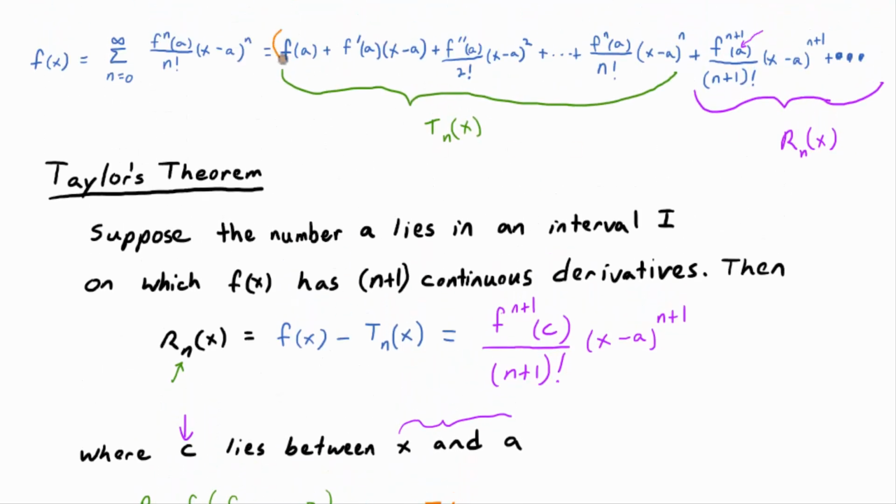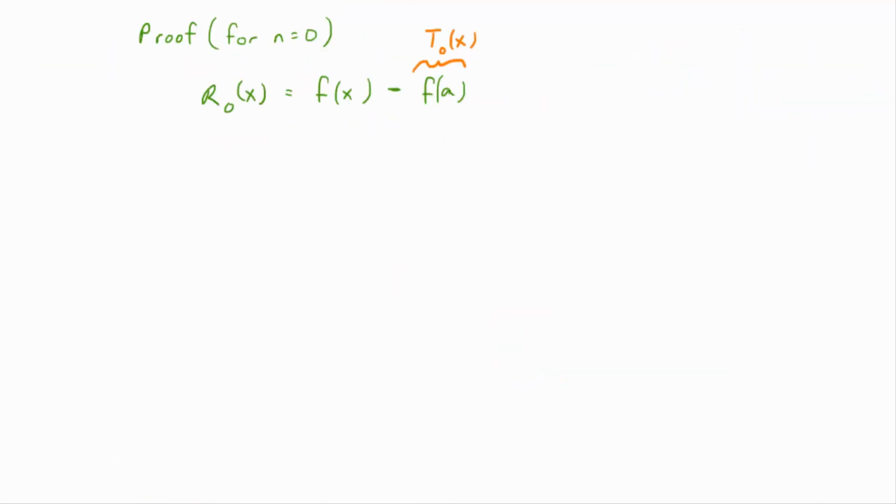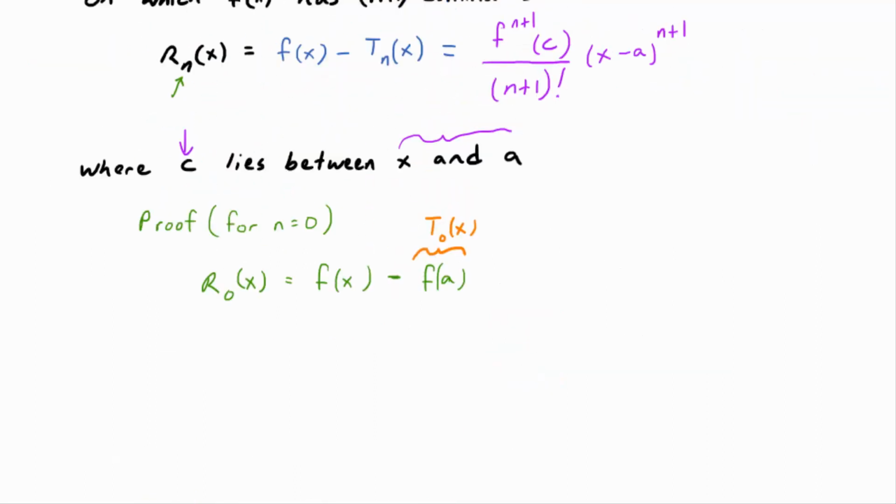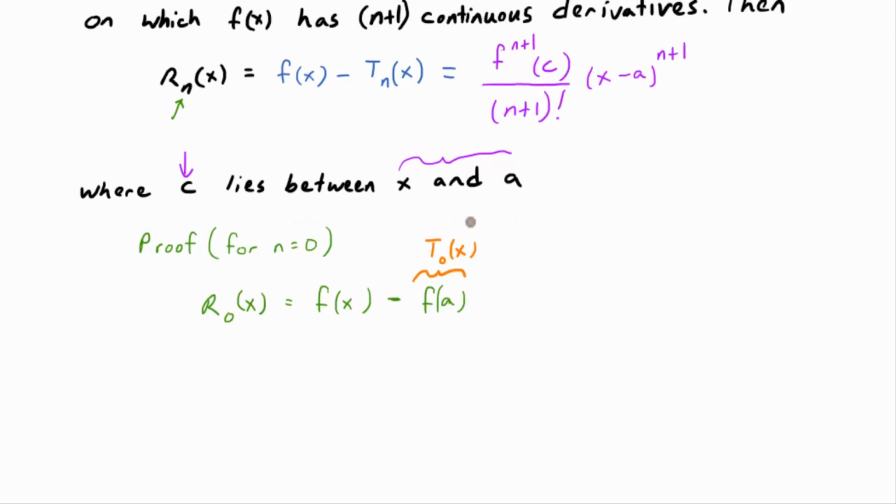This is T0, the first term. All right, degree 0 Taylor polynomial. Oh, it's the constant term. So keep that in sight. So proving it for n equals 0, Rn of x is just f of x minus f of a.